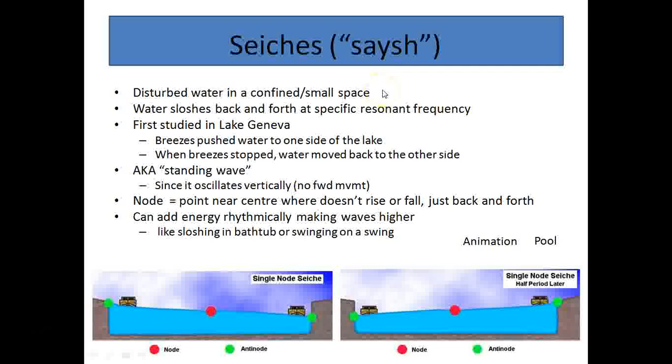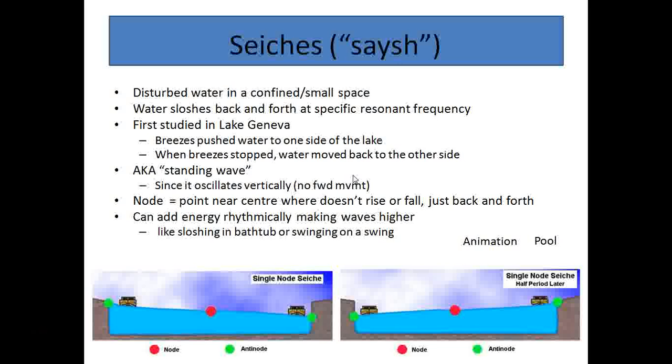Again, a seiche is disturbed water in a confined space. Basically, the water sloshes back and forth at a specific frequency, and it can resonate or add upon itself. If it keeps going back and forth, it can get higher. They were first studied in Lake Geneva because people noticed that when breezes pushed the water to one side of the lake, and the breeze stopped, it would move back to the other.